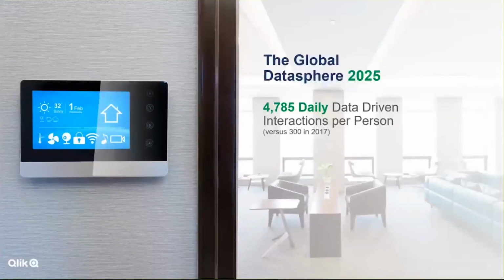I'm going to start off with a quote. In 2025, the estimate will be that there'll be almost 5,000 daily data-driven interactions per person within the UK, which is up from 300 in 2017.